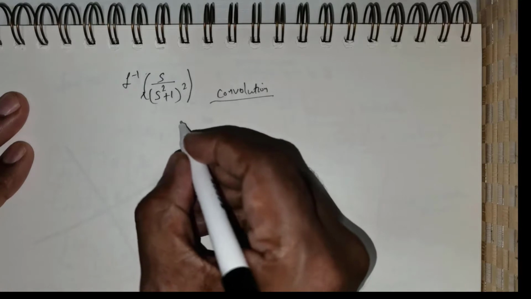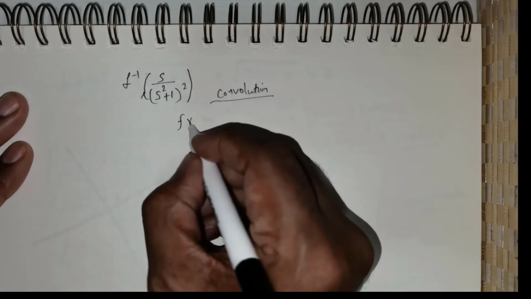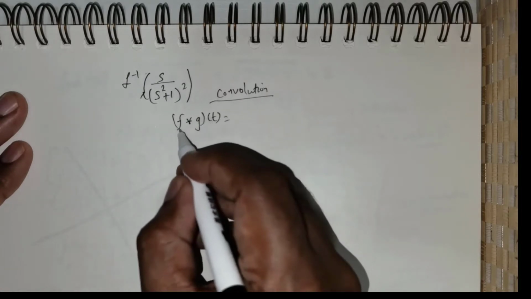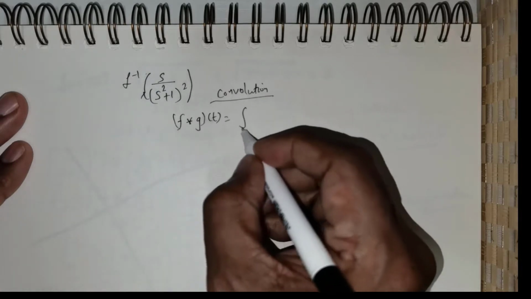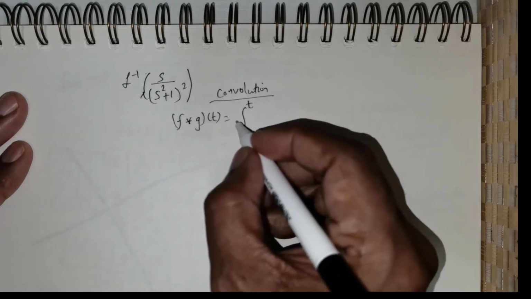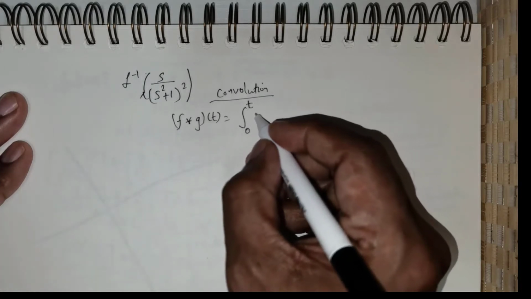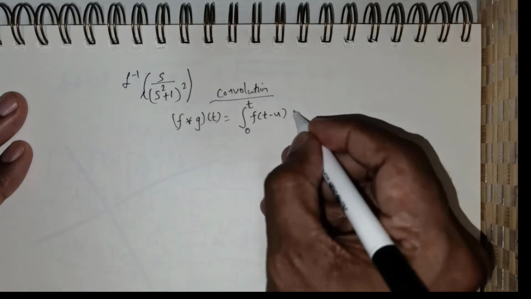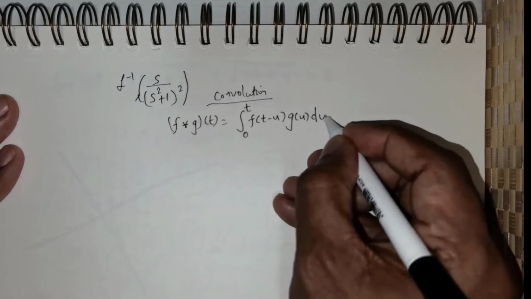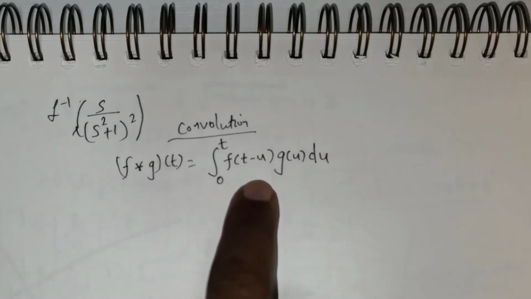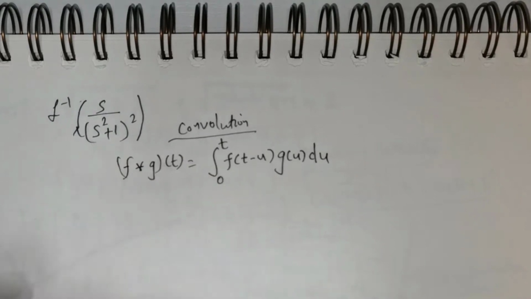Just to have a recap, if you have two functions f and g and you are convoluting them, then the convolution f star g of t is represented as the integral from 0 to t of f of (t minus u) times g of u du. Since convolution is commutative, you can also have the reverse of this, which I've already explained. For this question, I would be using this convolution to obtain the solution.